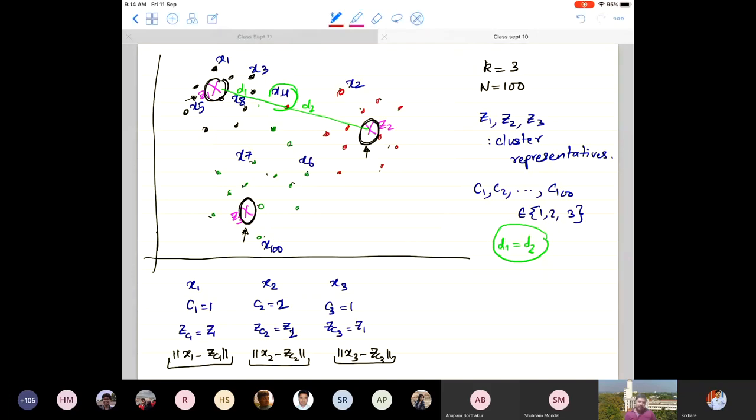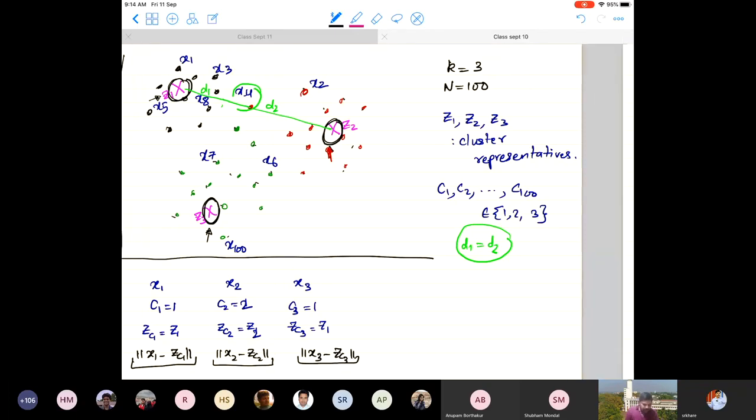So if z2 is the nearest neighbor for x2, then we assign cluster 2 to x2, and so on and so forth. So that's how you can assign the clusters, C1, C2, up to C100, in this particular case C capital N. How do you find out those C values? You find out those C values by computing the nearest neighbors. That is something that we want to do.